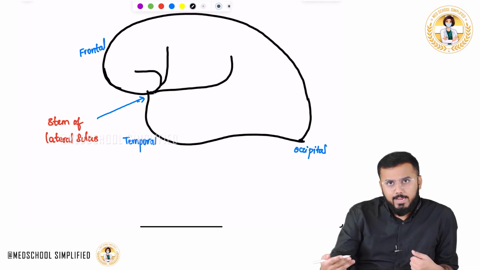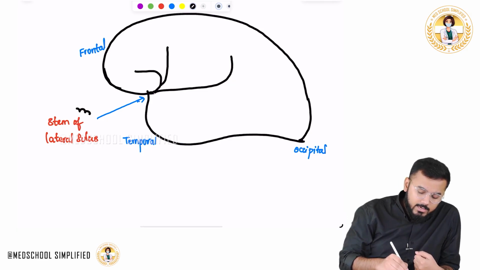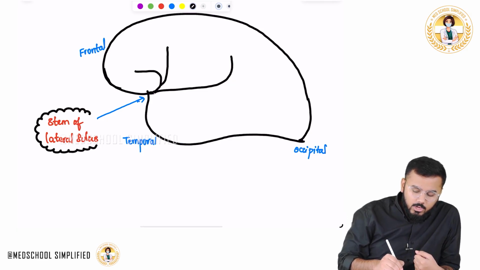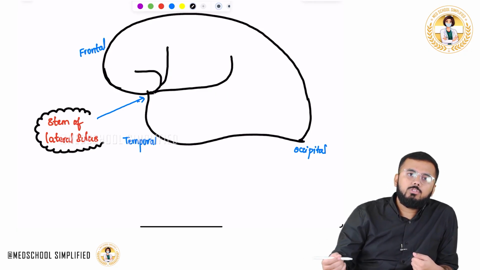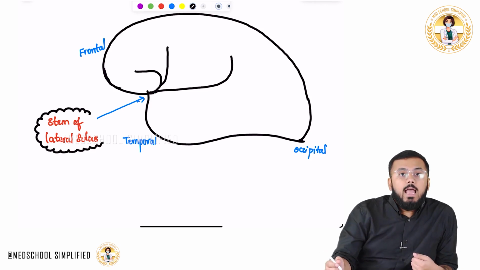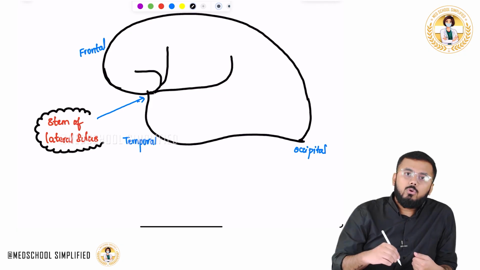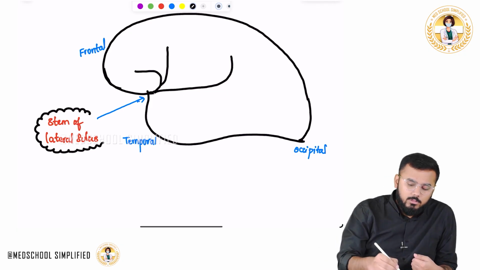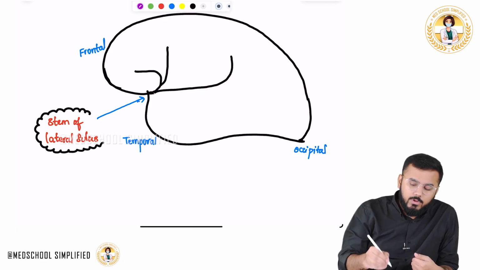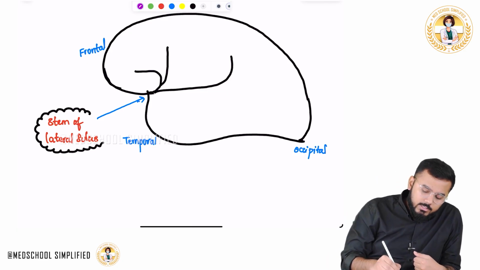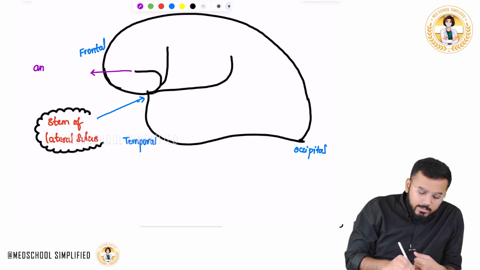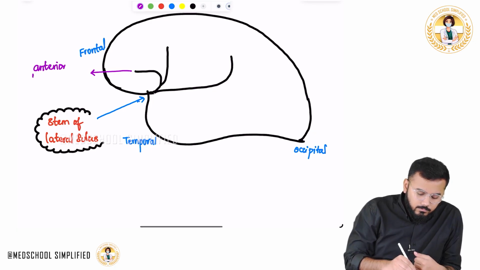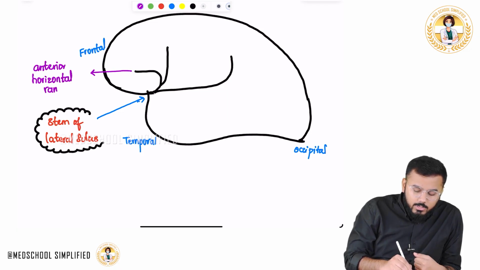So we have 3 branches. The stem of the lateral sulcus is giving rise to 3 branches. What are those 3 branches? One is the anterior horizontal branch or anterior horizontal ramus. Another is the anterior ascending ramus. Another is the posterior ramus. Let us write down all those 3 rami over here. This ramus you call the anterior horizontal ramus.